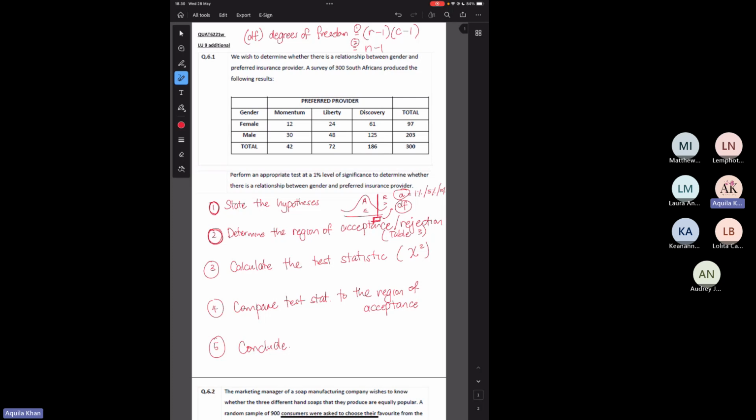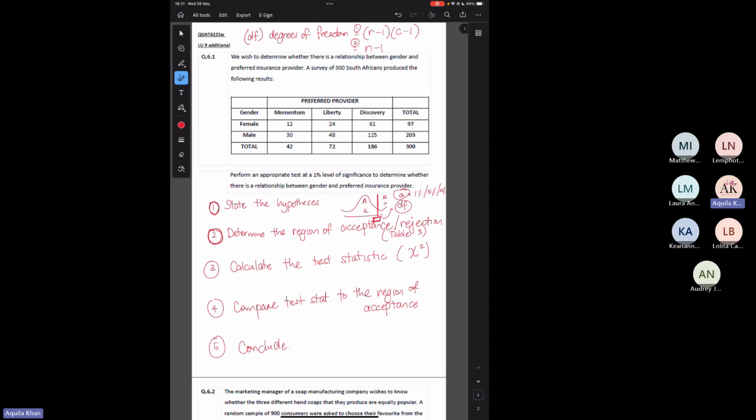I will show it to you when we're working with the examples itself. For now, let's just look at the steps. Once you have the figures for your A and your degrees of freedom, you're simply going to go to table 3, and it's actually quite straightforward.